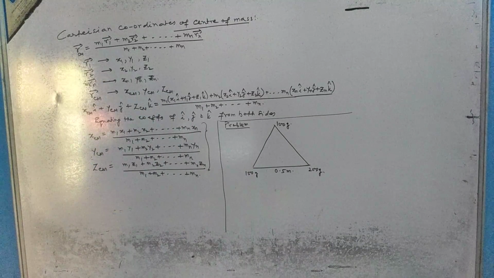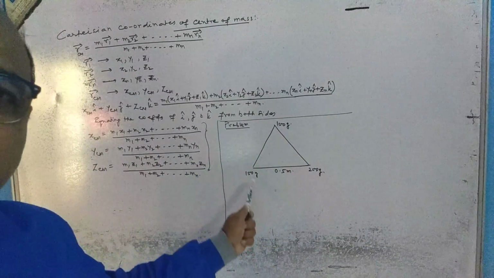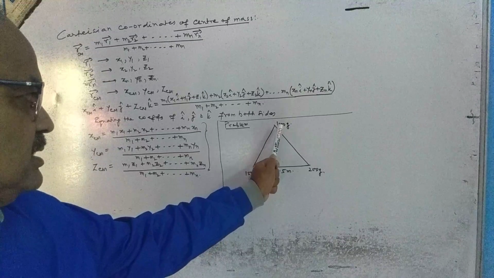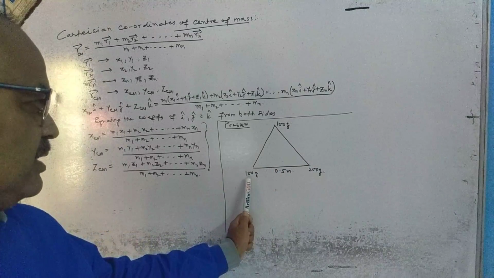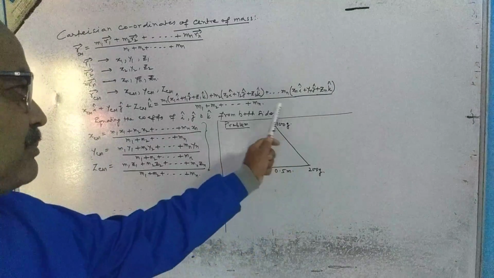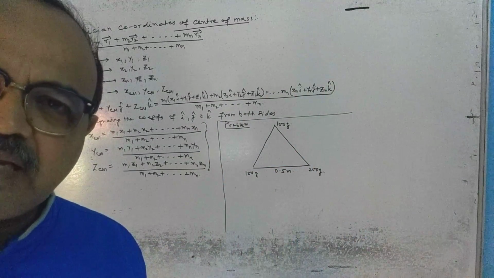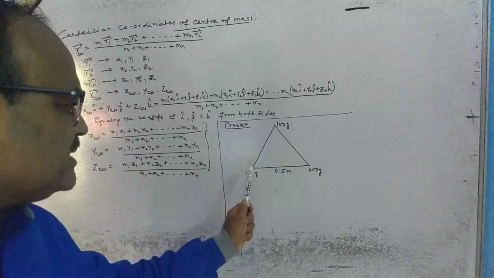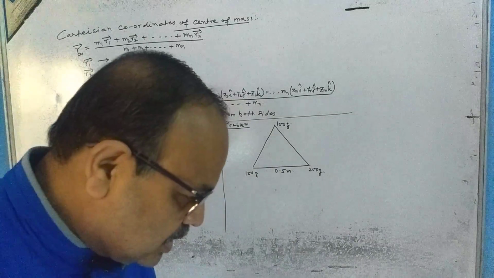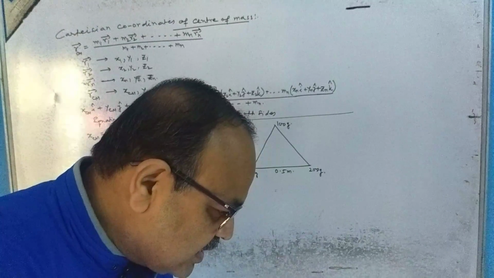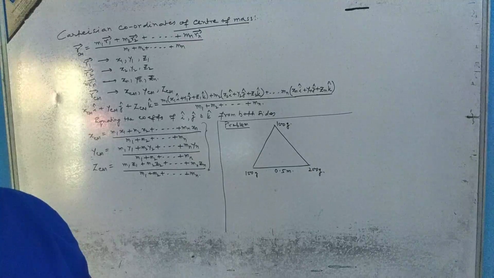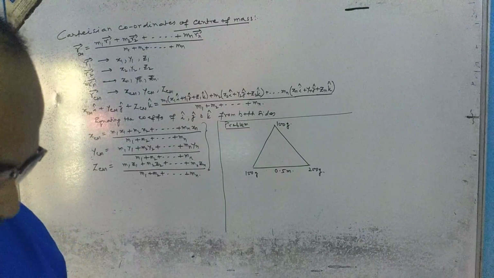There is an equilateral triangle, and three masses, 100 gram, 150 gram, 200 gram, are placed at the three vertices of the equilateral triangle. I think it is very clear. Each side is 0.5 meter long. Then you have to find out the center of mass of this three particle system.